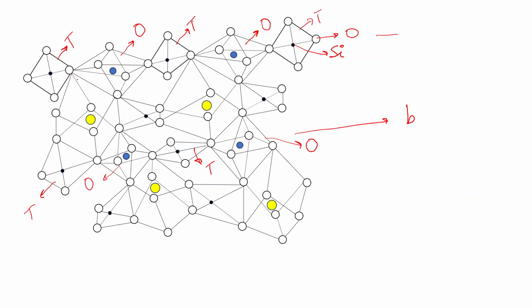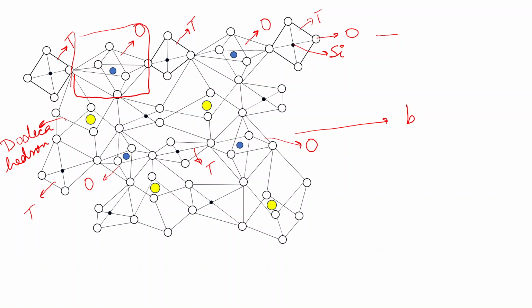This one, okay? Distorted cube-like structure. This one is a dodecahedron. So here you can see that this octahedron coordinates with another tetrahedron to give a distorted cube-like structure, which is a dodecahedron.